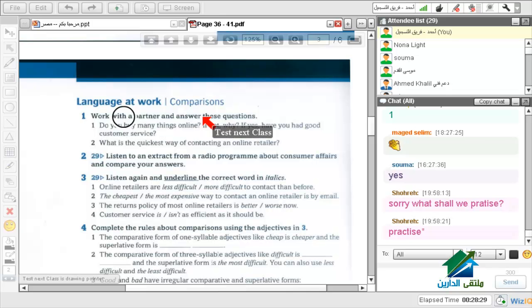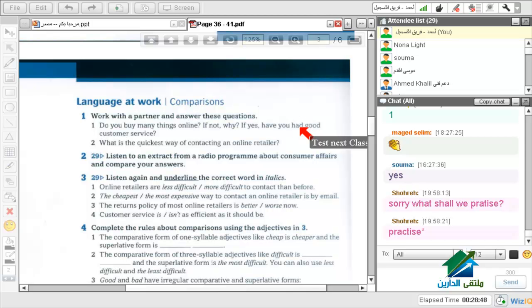Here, we need 2 partners to answer such questions. Someone will read, do you buy many things online? Then check the answer. If it's not, you ask him why. And if yes, have you had bad customer service?